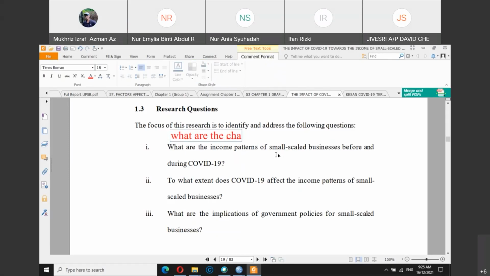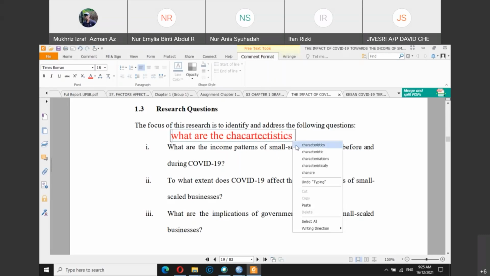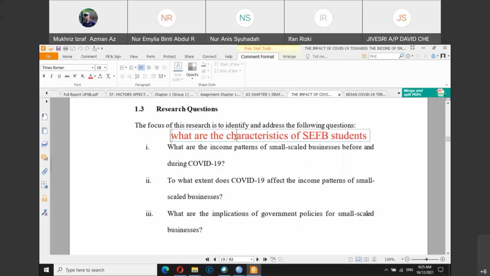But if your respondents are, let's say, among students, for example SAB students, then what are the demographic characteristics?